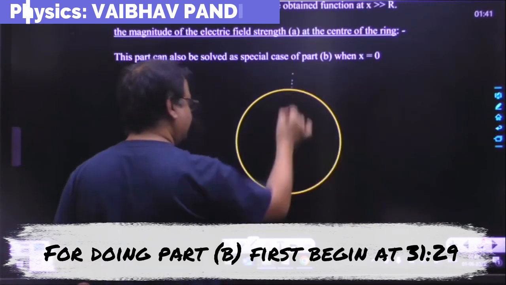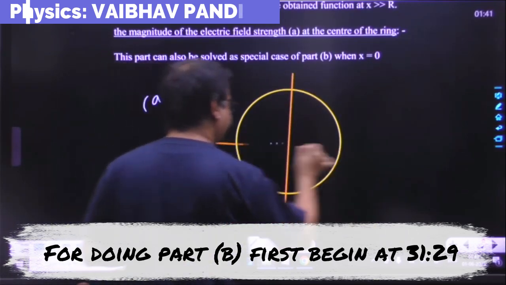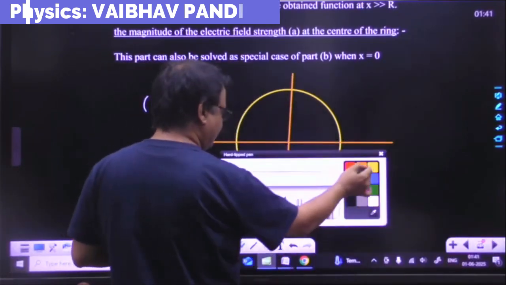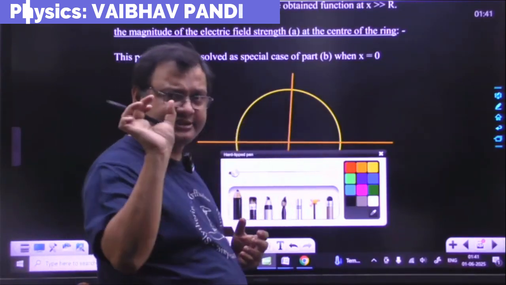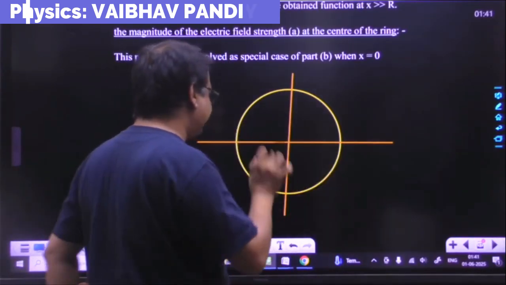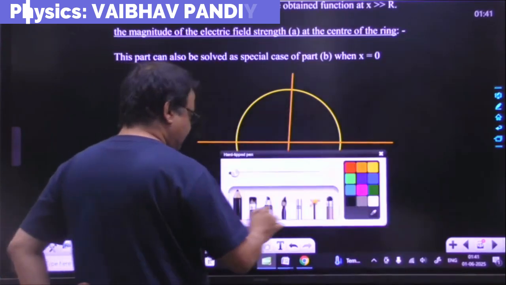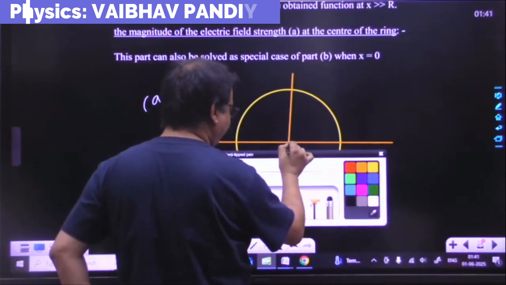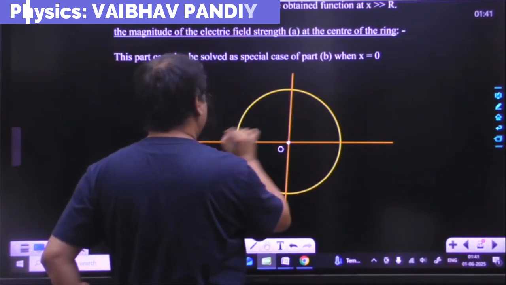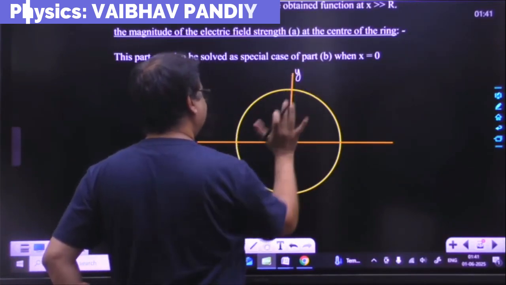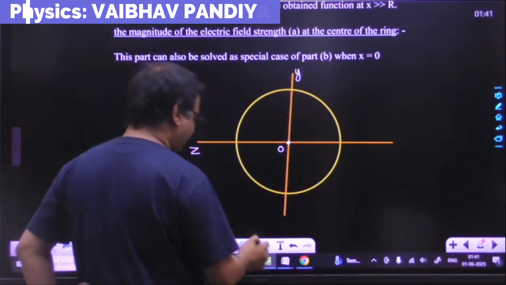So say this is the plane of the ring, and since the distance x is given along the axis of the ring, to maintain a little sophistication, we can take that axis as the x-axis, and we can take this as the y-axis and x cross y as the z-axis. Got it?